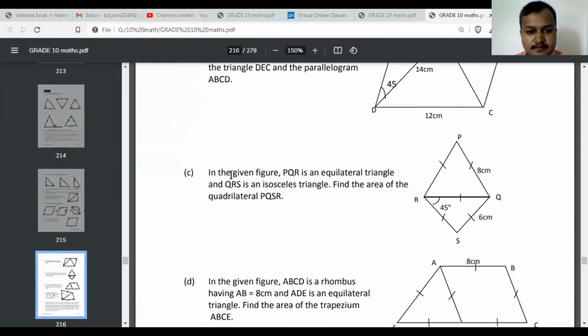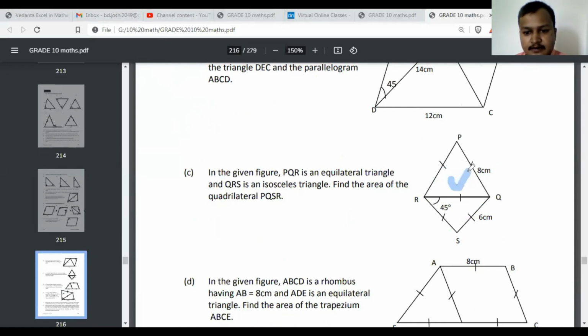Now question number C. In the given figure, PQR is an equilateral triangle. This upper one is an equilateral triangle. So you can use the formula of area of equilateral triangle here, root 3 by 4 A square, for the upper triangle. The figure is made up of two triangles, upper and lower.